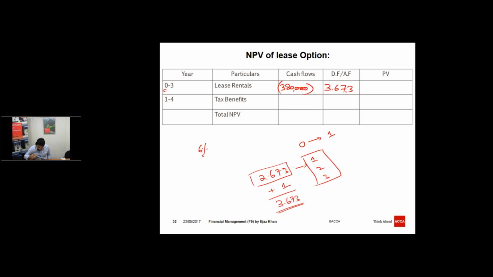Okay, so our lease rental will start from year 0. We have to pay the first rental at point 0, then at year 1 end, then 2, then 3. So the 4 payments will be paid in this way.